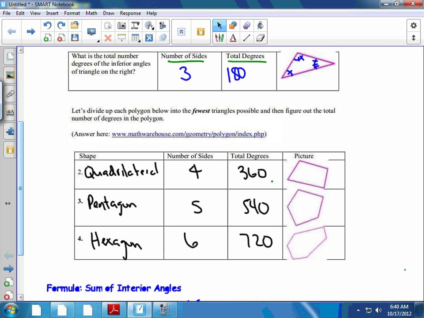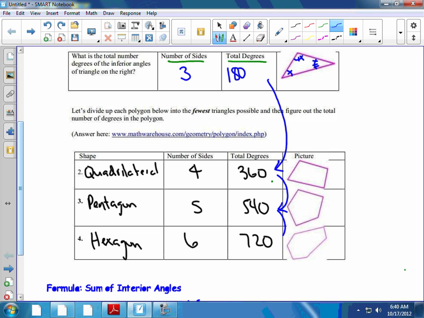All right, so taking a look from triangle to quadrilateral, quadrilateral to pentagon, pentagon to hexagon, looking at the total degree sum, you notice that it keeps on adding 180.